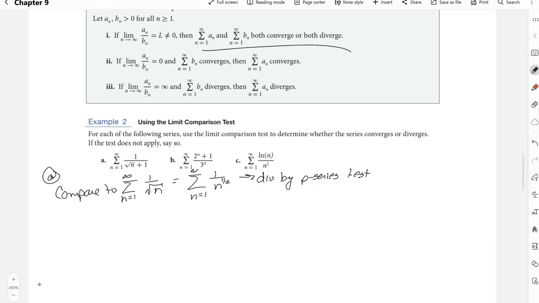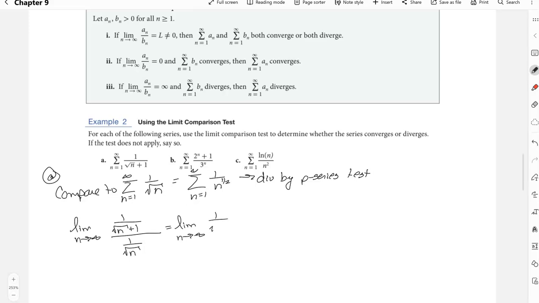I've got to figure out whether I'm using part 1 or part 3 of the theorem. So we're going to do the limit as n goes to infinity of a sub n, which is my original, over what I picked, which is 1 over square root of n. So I'm going to do keep, change, flip.